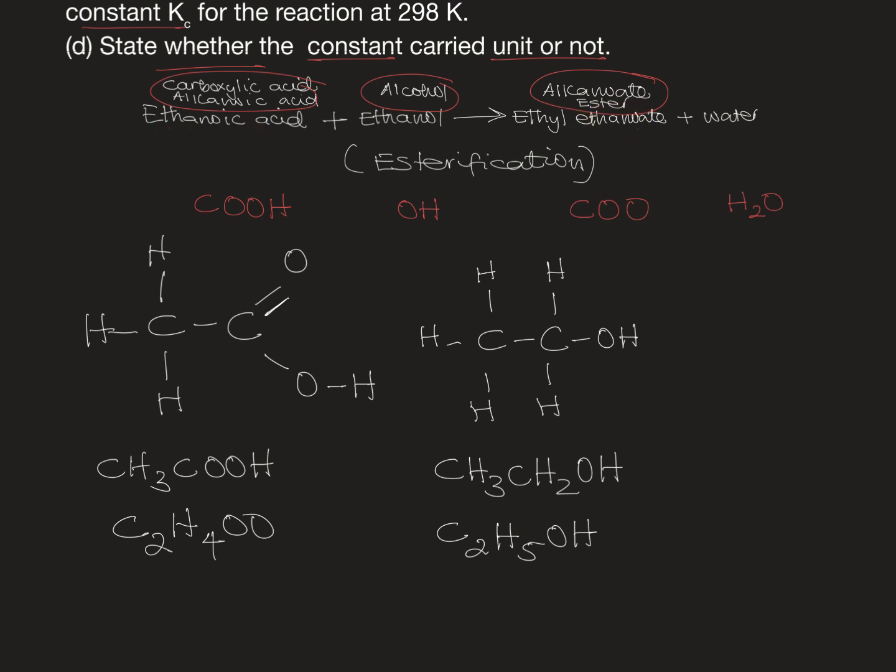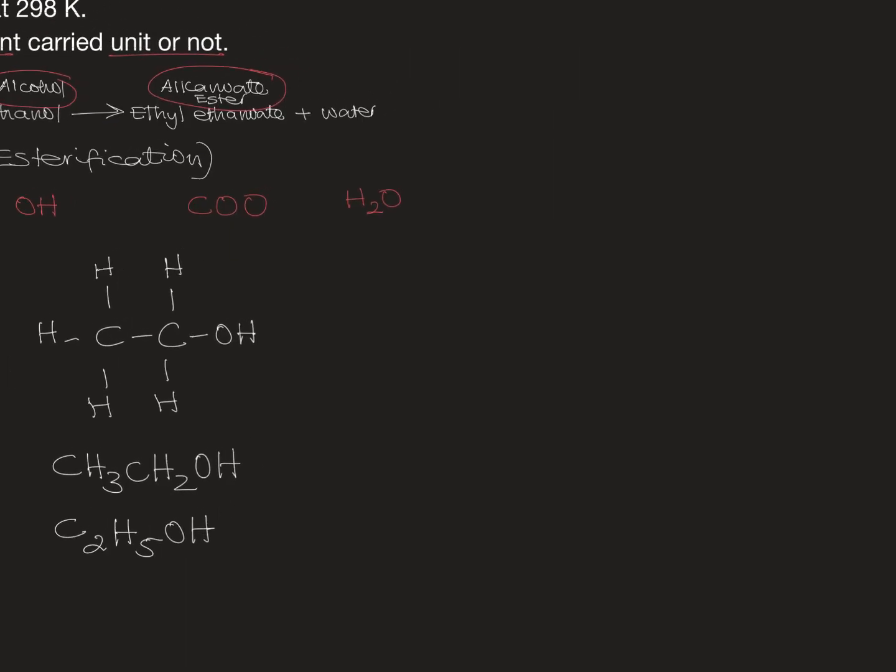So how do we draw the structure of ethyl ethanoate? Let's try to draw the functional group first, which is C. Remember, it will have a double bond, O, and another O. Then on this oxygen, let's try to bind the ethyl group.